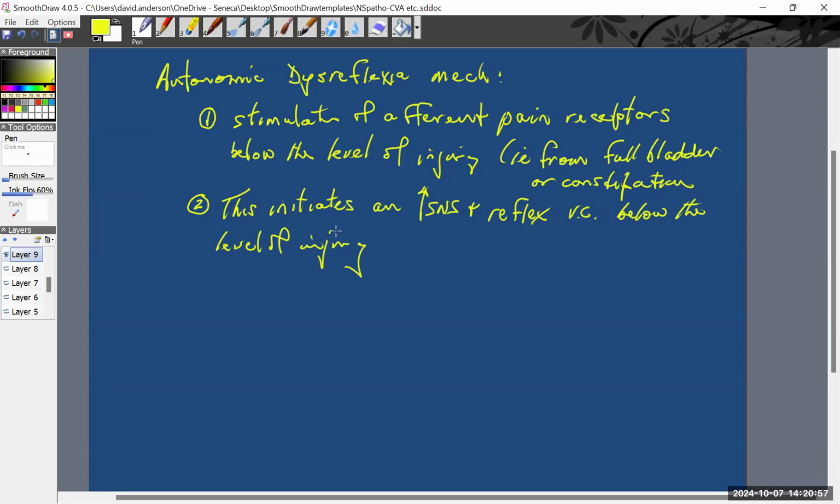So remember, during a sympathetic response, we're going to get vasoconstriction with the goal of trying to increase blood pressure. So we get overall vasoconstriction.